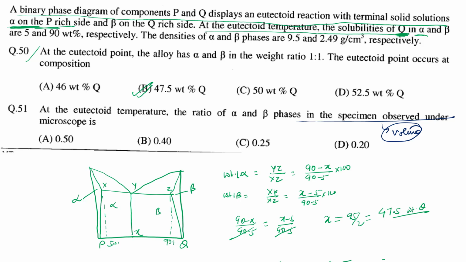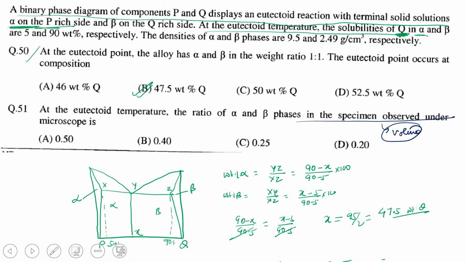So that's why it is said that when you observe under microscope, it always gives you the volume fraction. Once it gives the volume fraction, we have to find the volume amount of alpha and beta. To find this volume, first we need to calculate the weight, and after finding the weight percentage, we have to convert it into volume percentage.